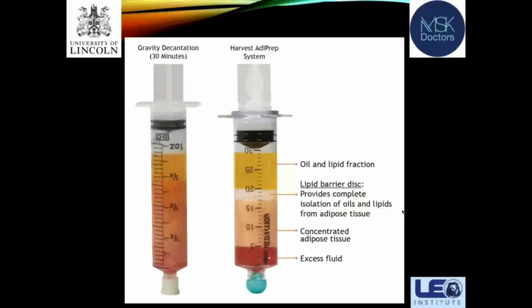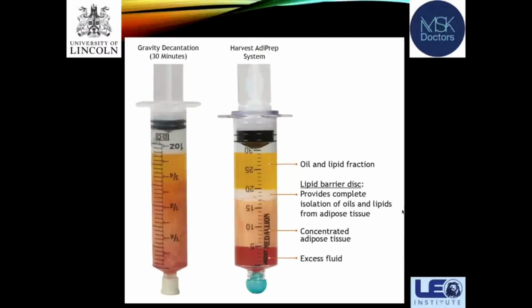Now I just want to show you here a difference between simply decanting fat within the syringe and a commercially available kit that you can use to separate the fat. There are many different kits out there, and each of them claims to do different things. But the very important thing is that the operator needs to understand why we're doing these steps, how each step can influence the cells' viability, and whether we can release those perivascular cells.